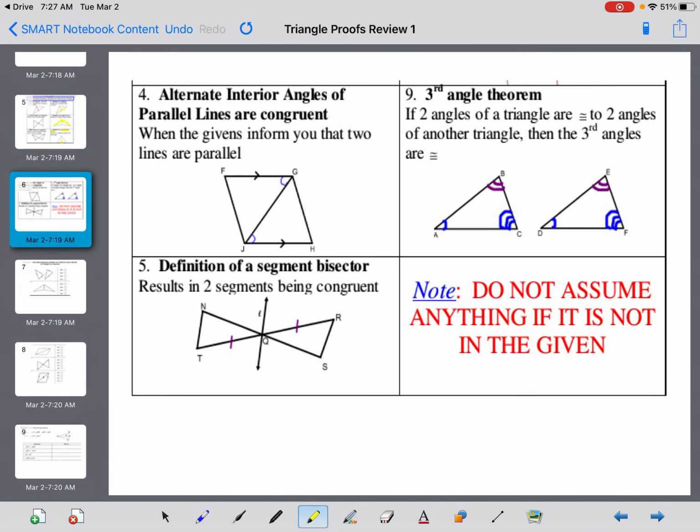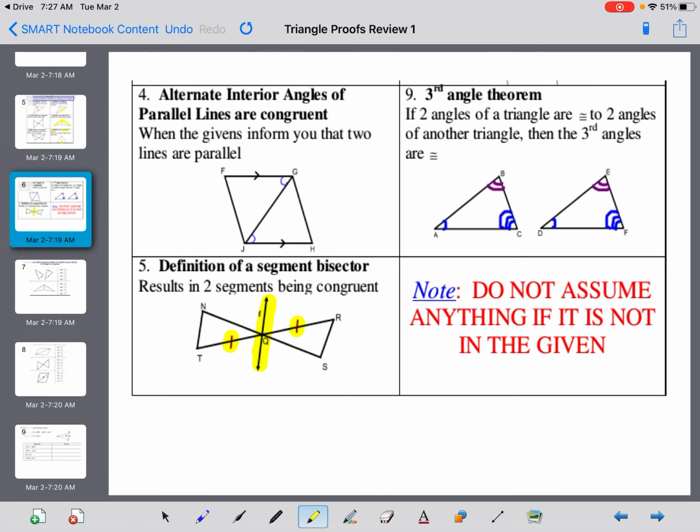We also have alternate interior angles, which is one that you guys know already. Alternate sides on the interior of a transversal cutting through two parallel lines are going to be congruent. On the bottom left corner, you have the definition of a segment bisector. So if you cut a segment in half with a line, then TQ is going to be congruent to QR.